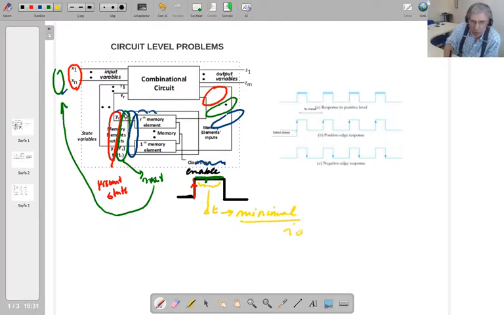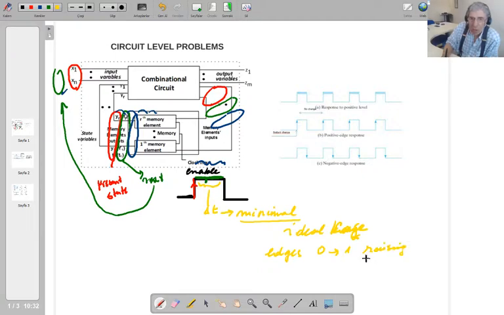The ideal case is edges. What I mean by edges for the clock pulse: the rising edge is the 0 to 1 change.